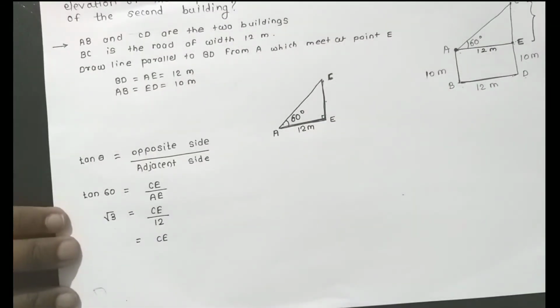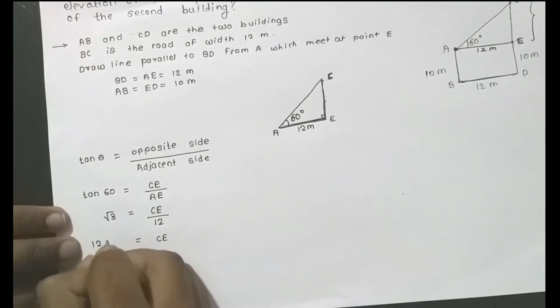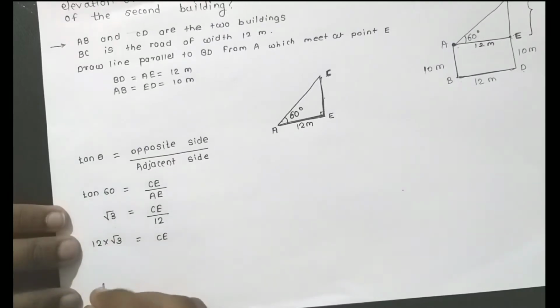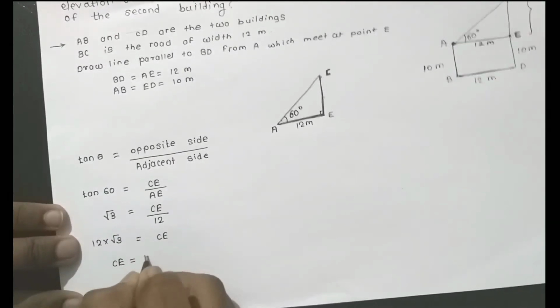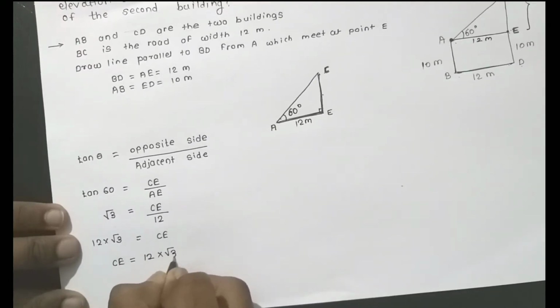So 12 is at the denominator, so it goes to numerator in the multiplication on the left hand side. So CE is equal to 12 multiplied by root 3.